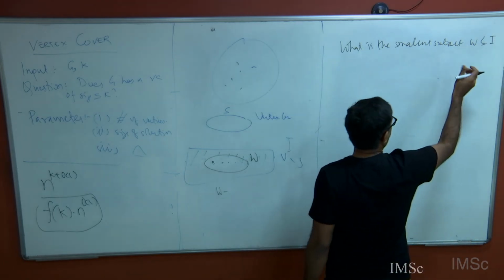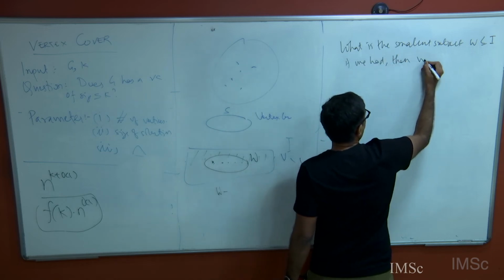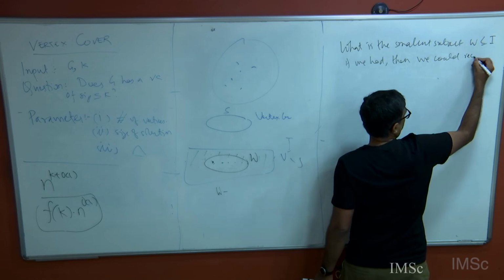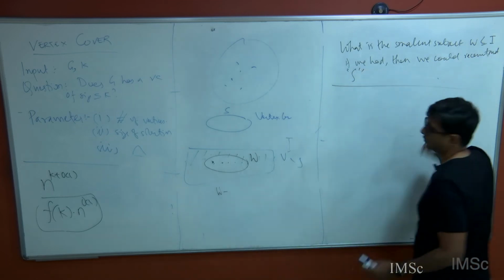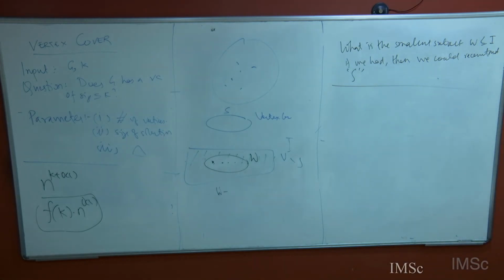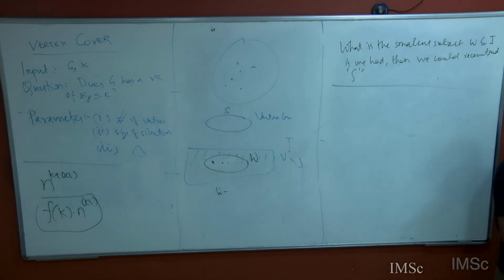If we had it, then we could reconstruct S. I want to construct this, and W is a subset of I. That is important, otherwise we will be in trouble. I was disjoint from S, that is why you can say take the complement. So I want it to be disjoint, but not of very big size.